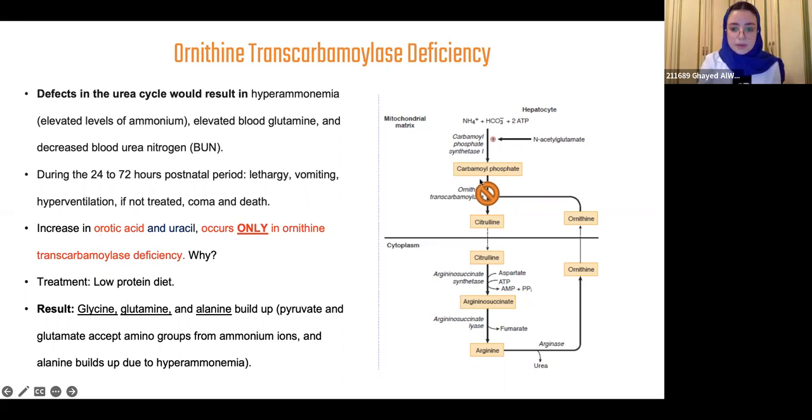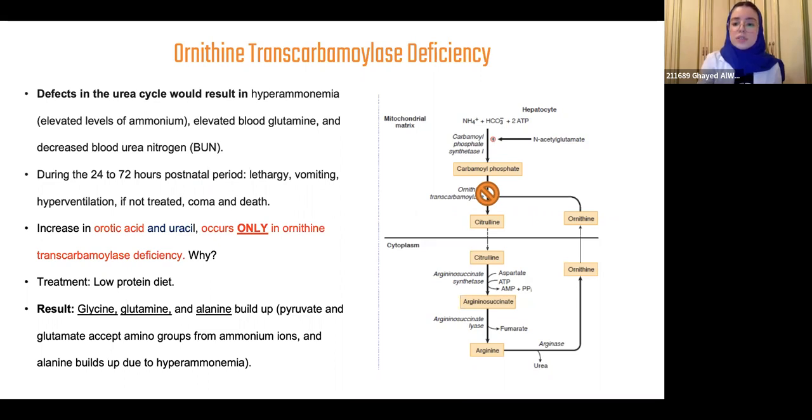And why does this happen in an OTC deficiency, and why doesn't it happen in a carbamoyl phosphate synthetase 1 deficiency? That's because when we don't have ornithine transcarbamylase, we won't be able to convert carbamoyl phosphate into citrulline, right? So carbamoyl phosphate is going to accumulate. When it accumulates, it's going to start entering other pathways, because the body wants to get rid of something that's accumulating.